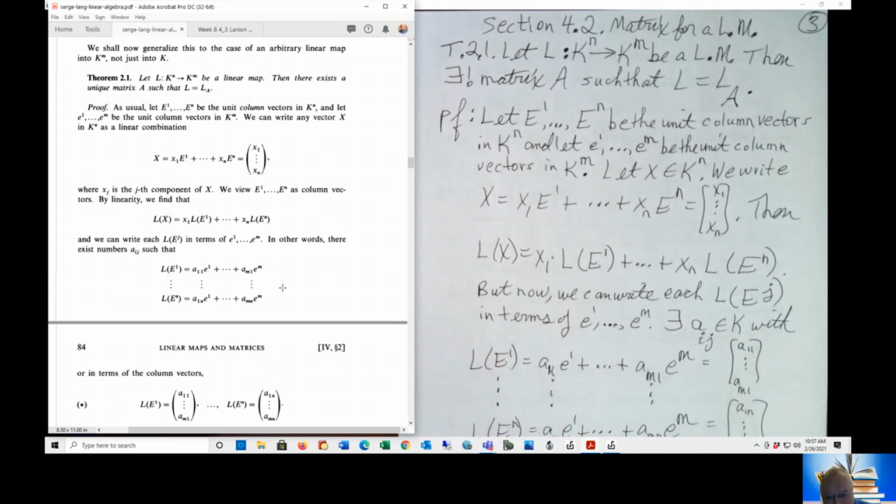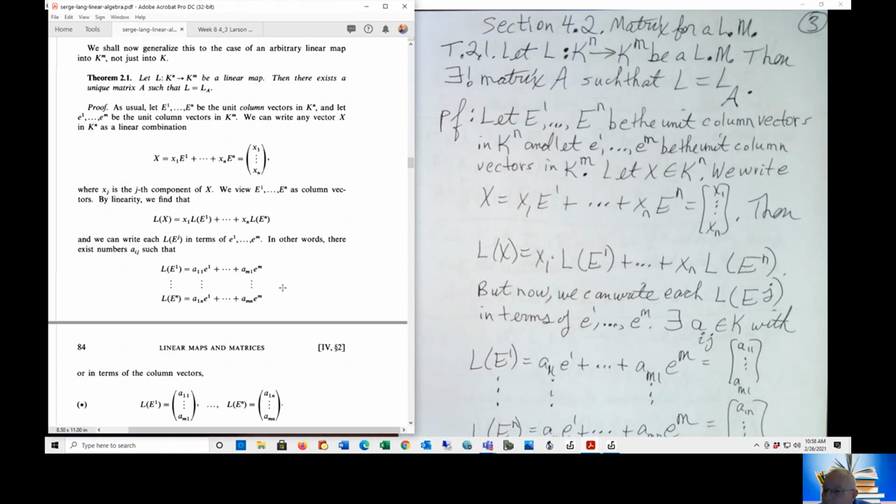Oh, I failed to mention in the special case that the uniqueness part comes from Theorem 1.1 from section 4.1. Okay, so now there exists a unique matrix A so that L is L sub A. All right, so let's start the proof.